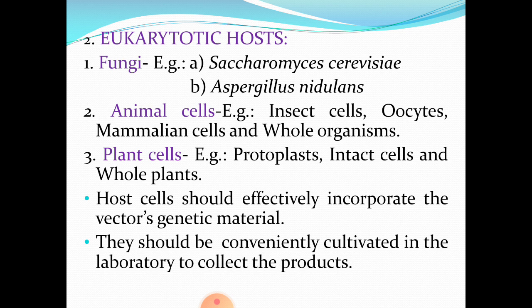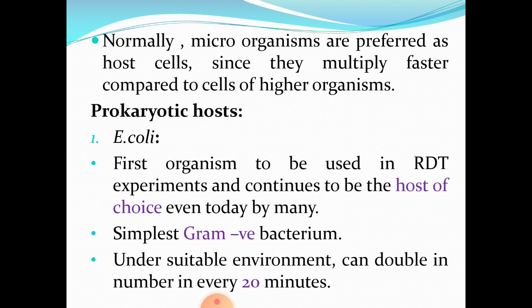Any host cell, we should be able to cultivate them in the laboratory to collect the products, because most of the times we do RDT experiments to get the proteins of our choice which are of therapeutic use. In such cases, we should be able to retrieve the proteins. We should be able to culture them or cultivate them in the laboratory. Now, normally we prefer microorganisms as host cells because they multiply faster compared to the cells of higher organisms.